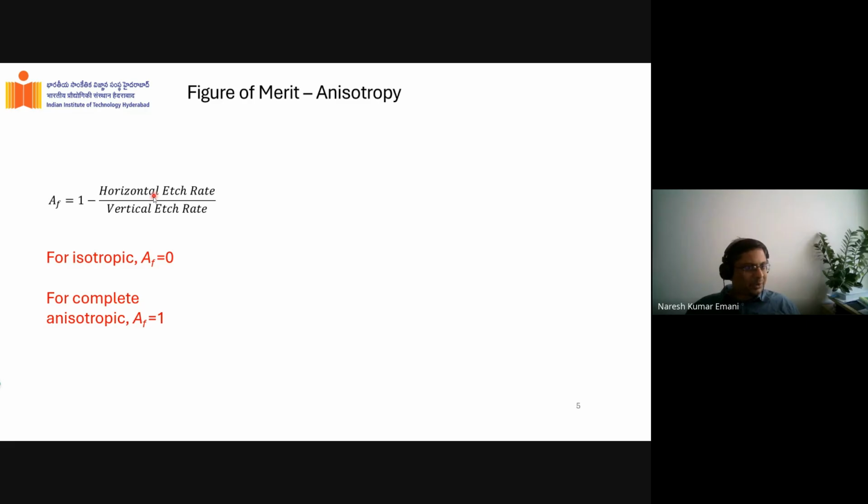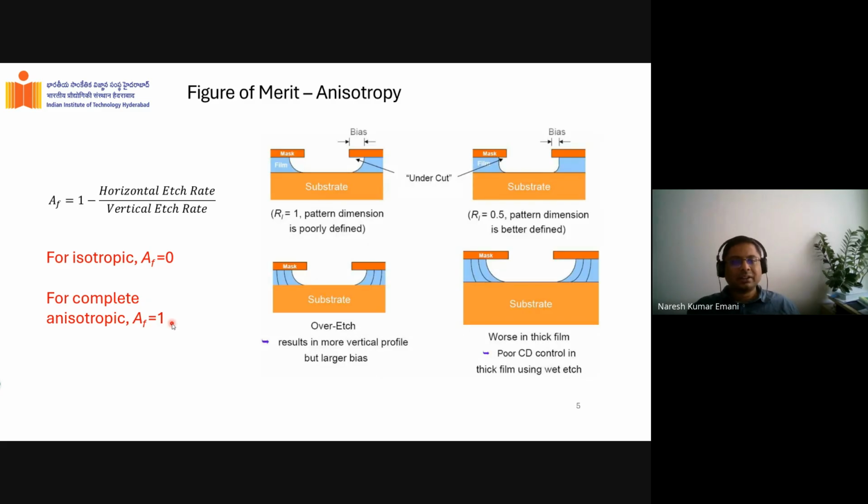When you have isotropic etching, the horizontal etch rate equals the vertical etch rate, so the anisotropy factor is 0. There's no anisotropy. With zero horizontal etch and maximum vertical etch, you get an anisotropy factor of 1. So this is one way of measuring anisotropy.